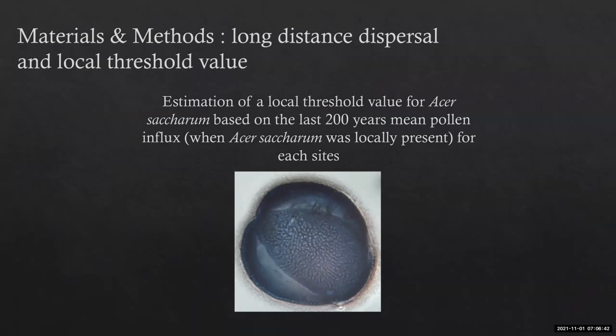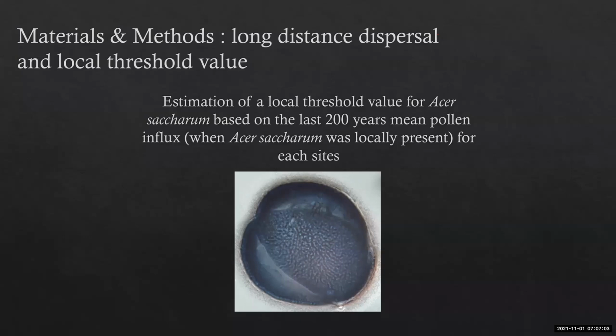One problem is that because pollen can be transported over long distances, it's always tricky to know if the species was there in the past just based on pollen presence, because it can be present but 100 to 200 kilometers away.